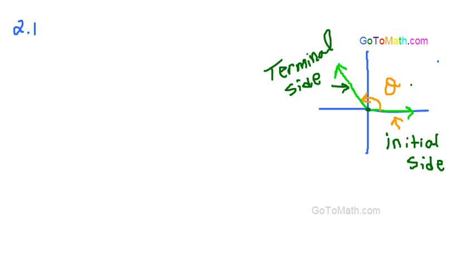And also that we are in a rectangular coordinate system. The vertex is at the origin, and the initial side is along the positive x-axis. And we consider this to be in standard form.